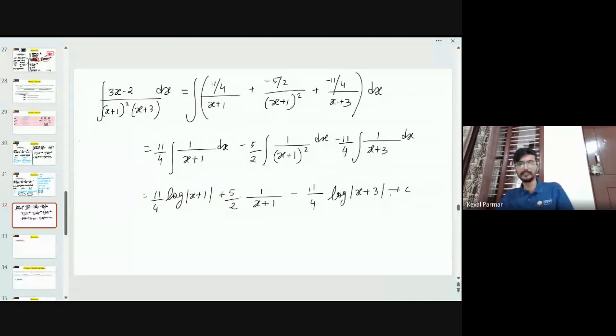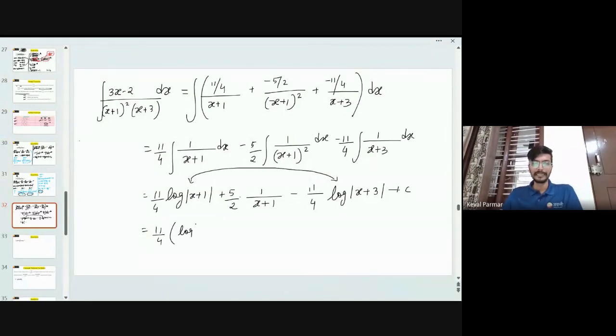If I take these two terms, the first and the last one, I'll get 11 upon 4 common, and I will get log of (x plus 1) minus log of (x plus 3), plus 5 upon 2 into (x plus 1), plus c.